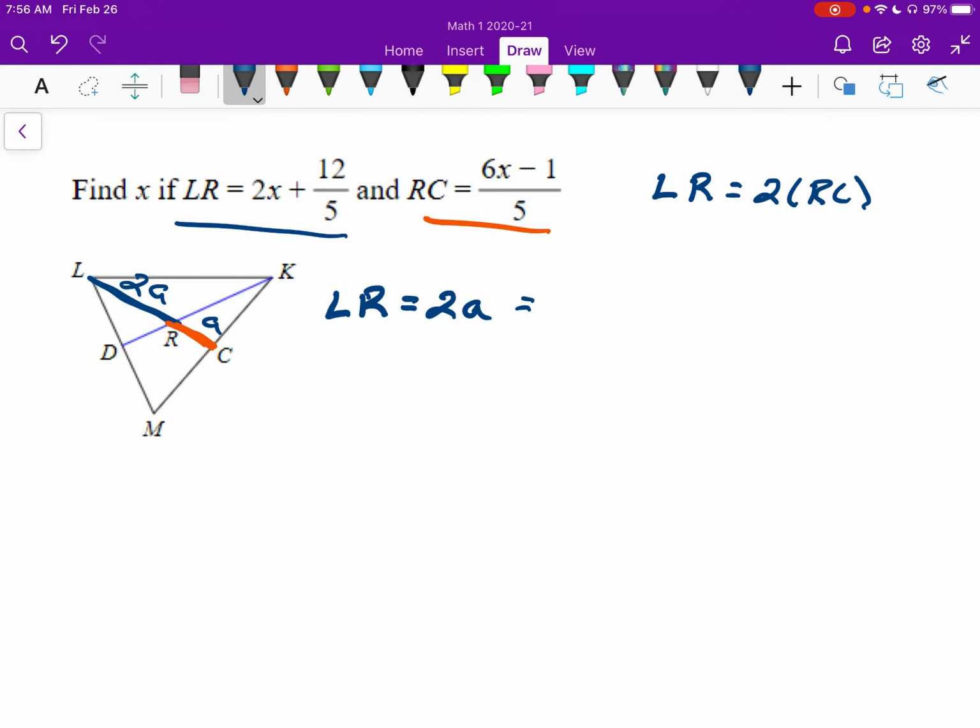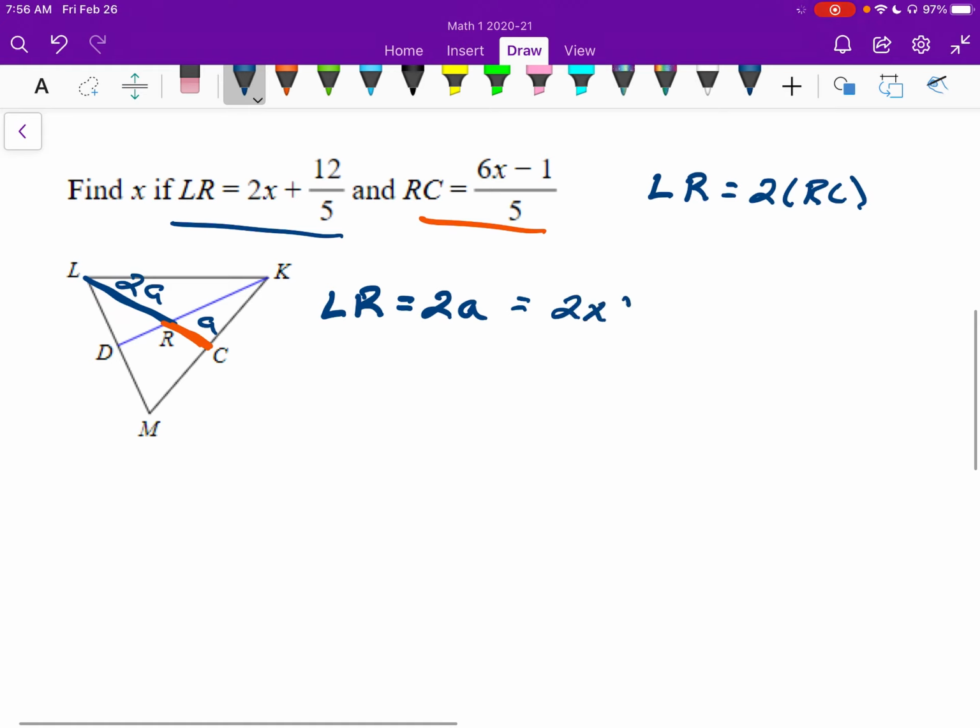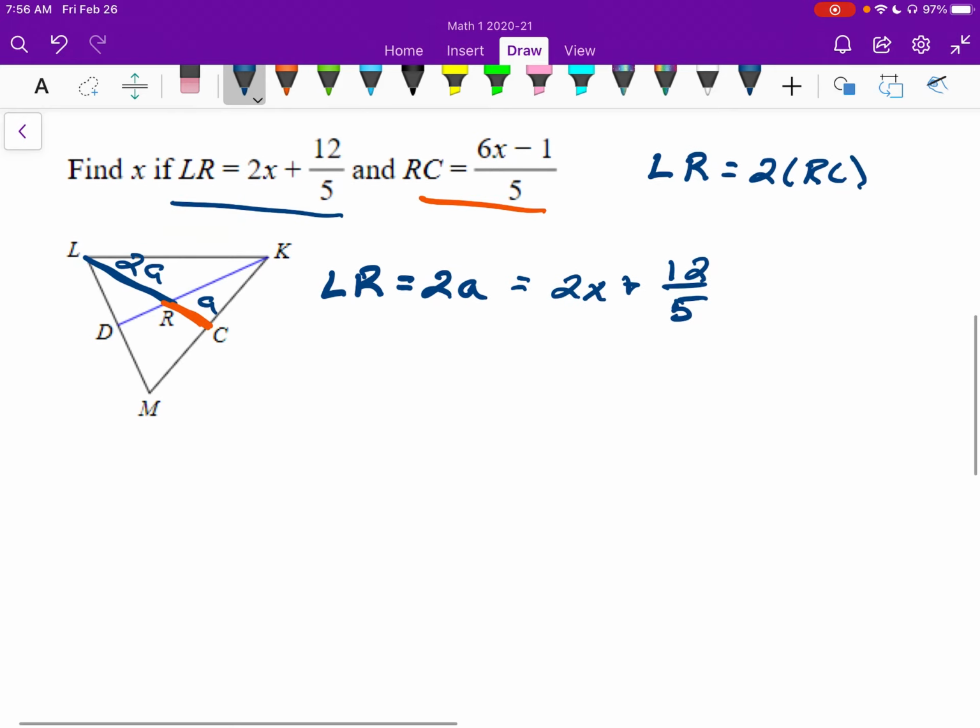Well, 2A is also going to be 2x plus 12 fifths, right? Now for RC. RC is going to be equal to how many A's? That's just a single A, which is 6x minus 1 over 5.